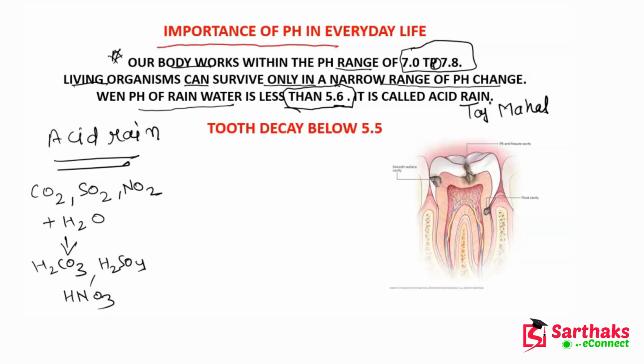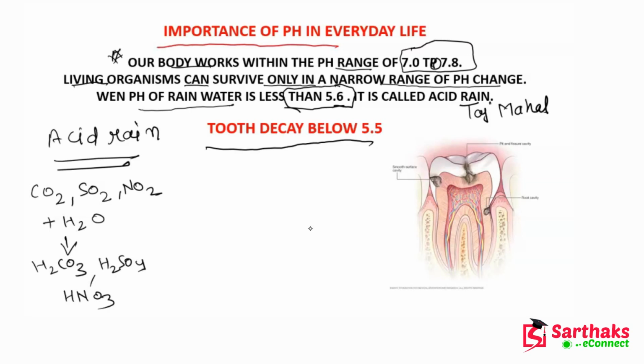Okay, now let's talk about tooth decay. It is very important, so let's see what tooth decay is. Students, when we consume food, some part of the food gets stuck in our teeth and remains there.